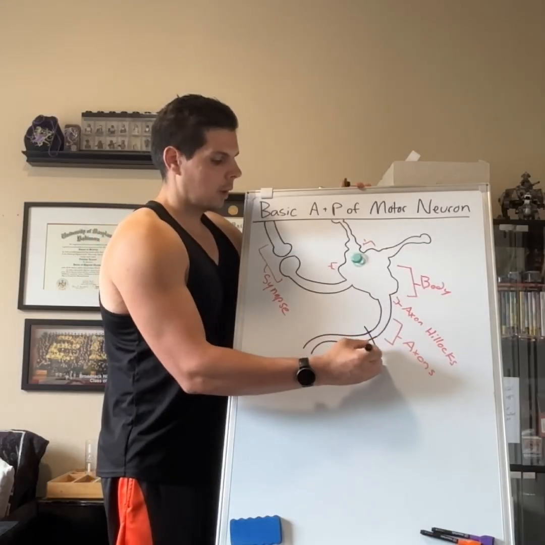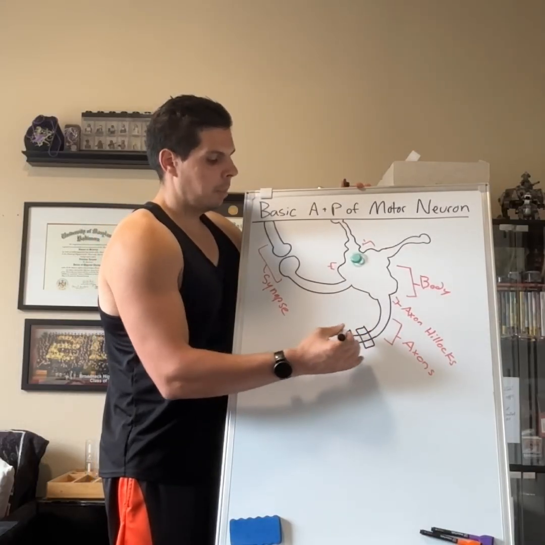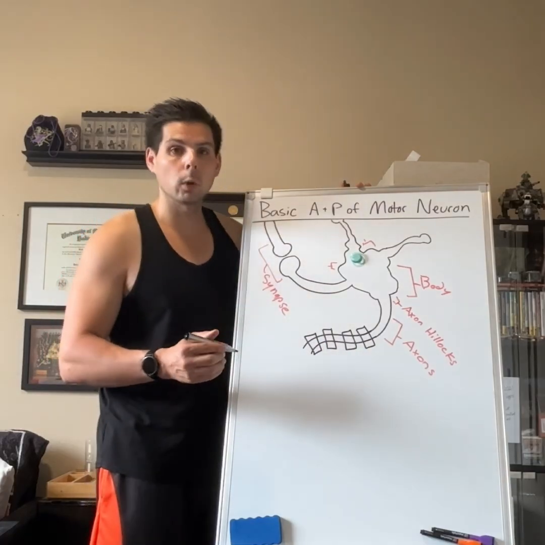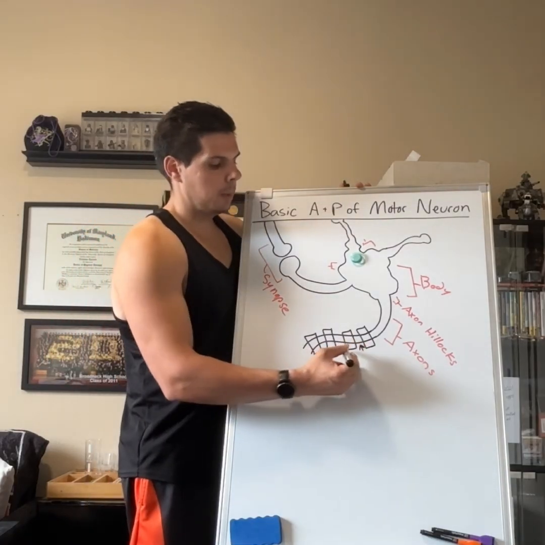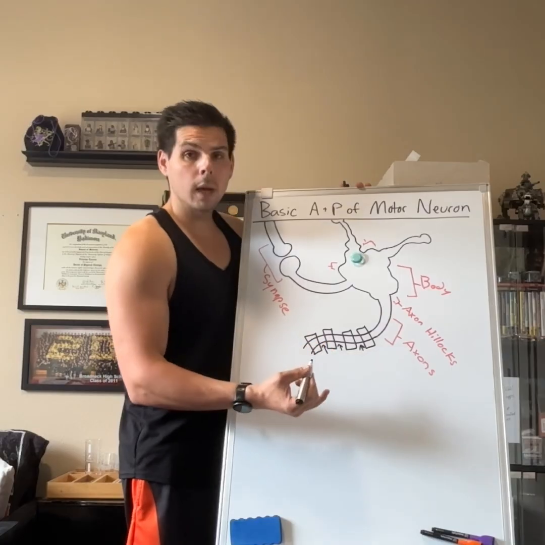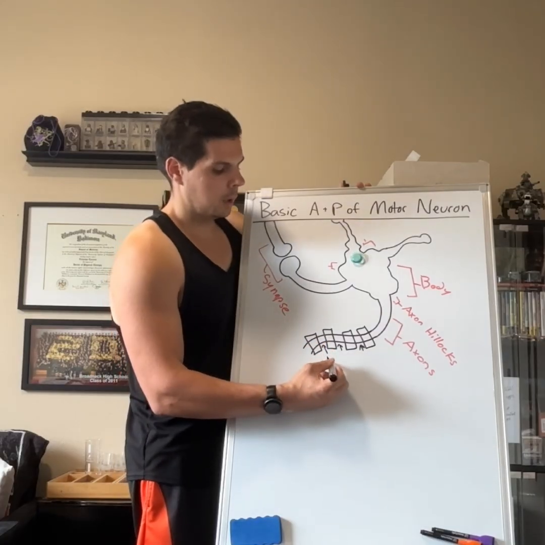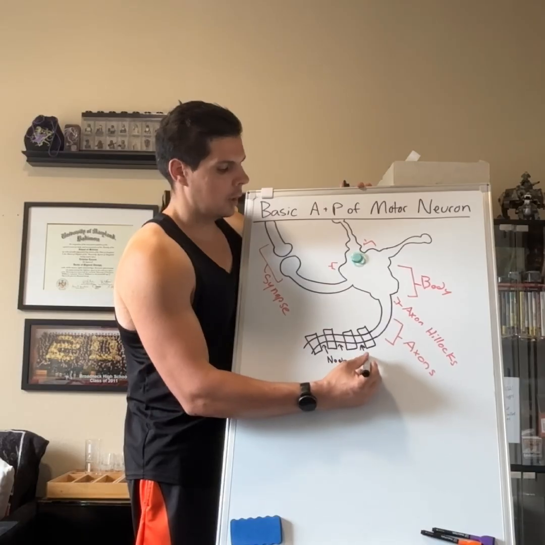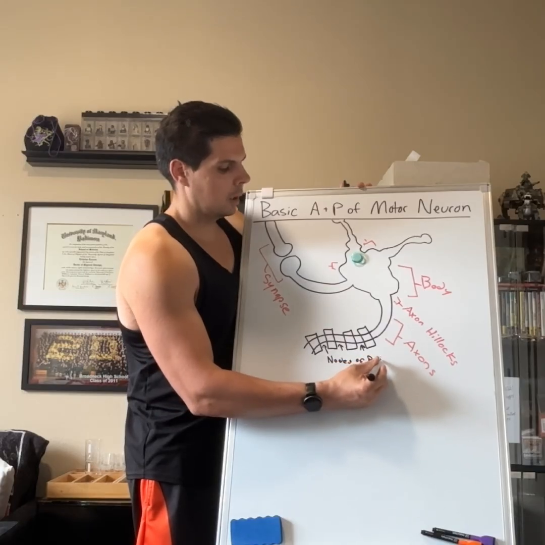On these axons, we have little bumps of myelin sheath, also referred to as neurolemma, with these little gaps in between that do not have myelin sheath. These gaps that are devoid of myelin sheath are referred to as the nodes of Ranvier.